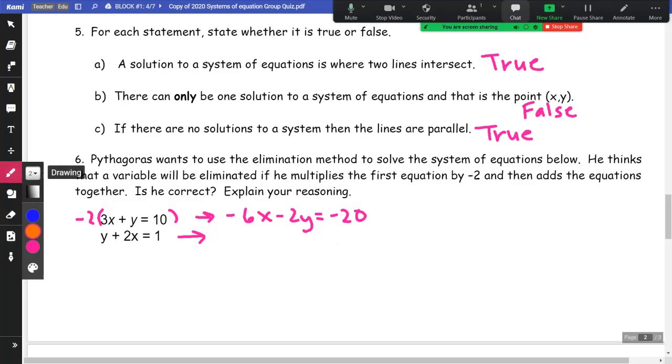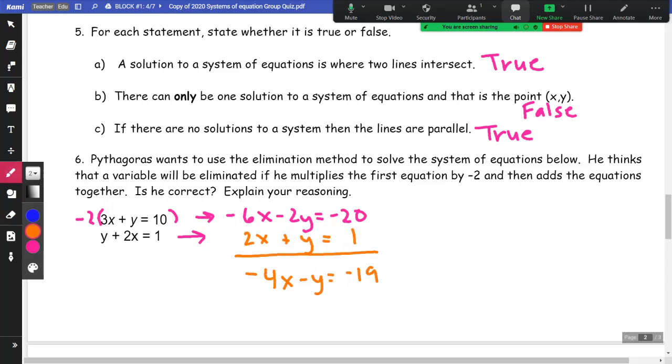I would rewrite it with my 2x plus y equals 1, and you're going to see that nothing is going to cancel out. We would end up, if I added this, getting a -4x minus y equals -19. Nothing canceled. That's not what you want to do.